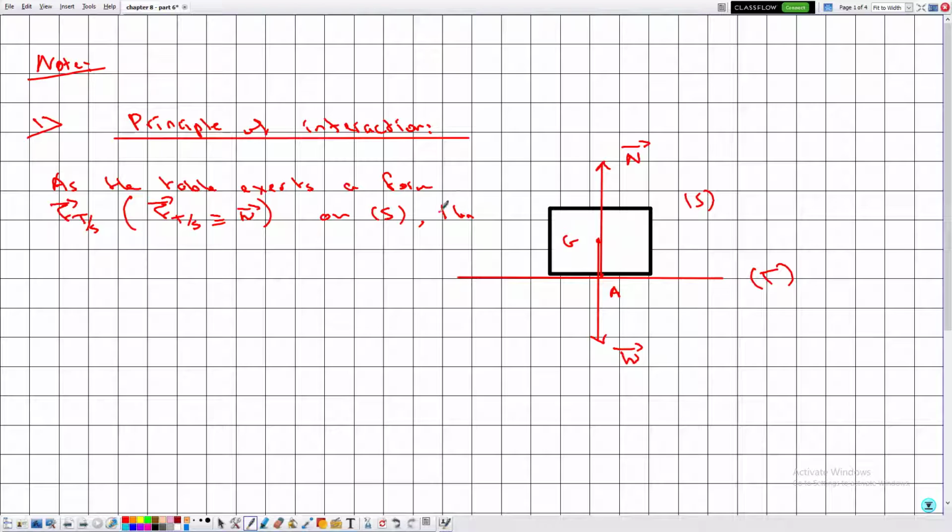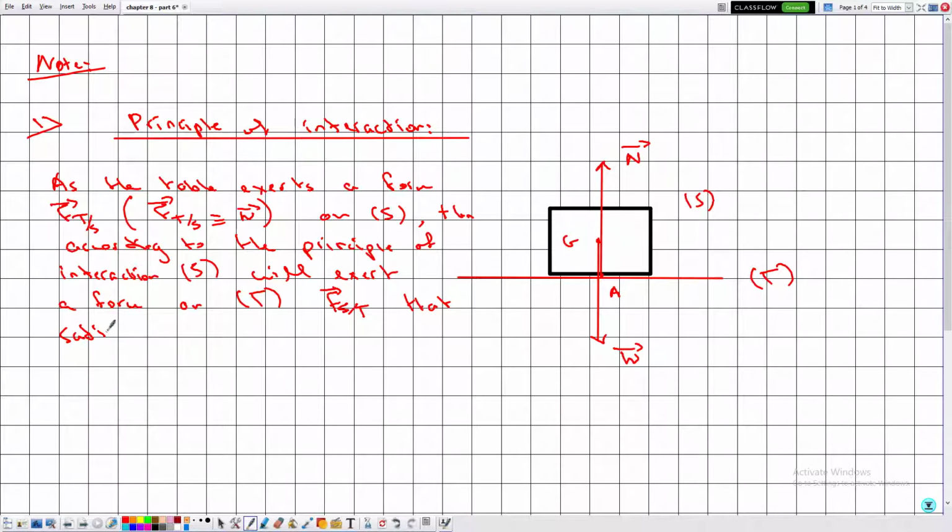Then according to the principle of interaction, S will exert a force on T, which is given by F S on T that satisfies the following relation.